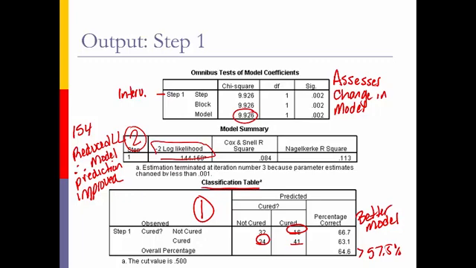So that is the log likelihood of the model minus the log likelihood of the baseline. Gives us 9.926. It is significant. So we can say the model is significantly better. All right, so that was the third thing we looked at.